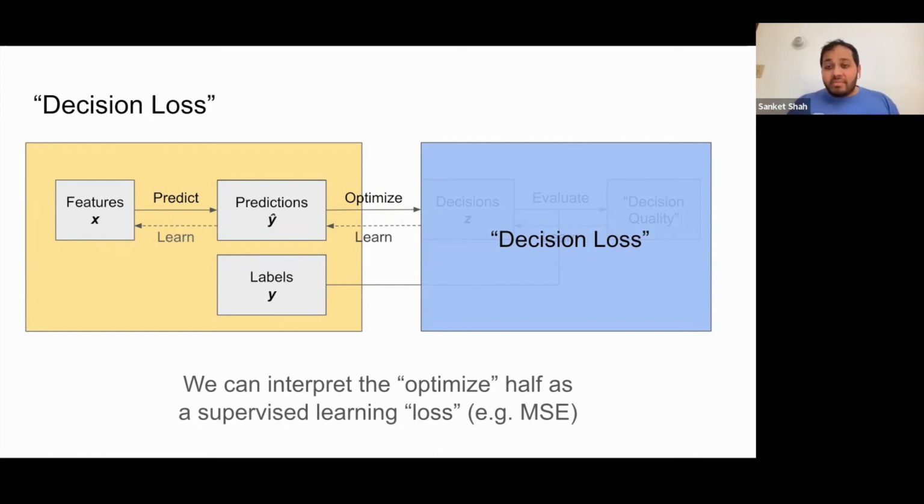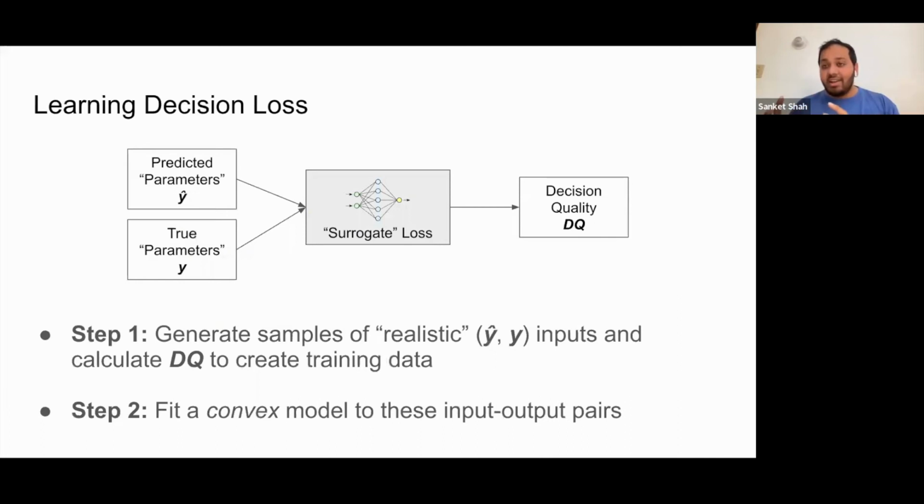But what if we could learn a surrogate loss that was convex by construction, but also behaved like the decision loss, right? Then it would be easy to optimize over that. It would provide informative gradients, but also take into account task-specific information. And the way that we learn a good surrogate loss is that we first create a data set.